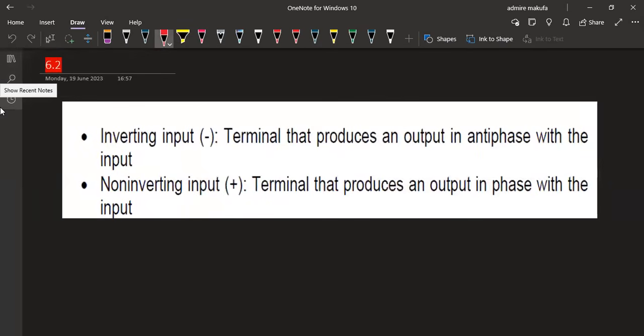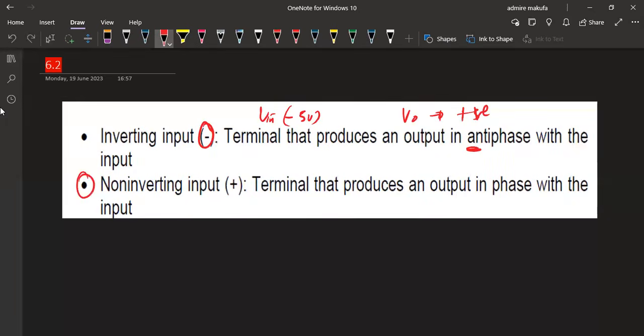An inverting terminal, being negative, is the terminal that produces an output in antiphase with the input. If the input V in is negative, then V out is going to be positive.